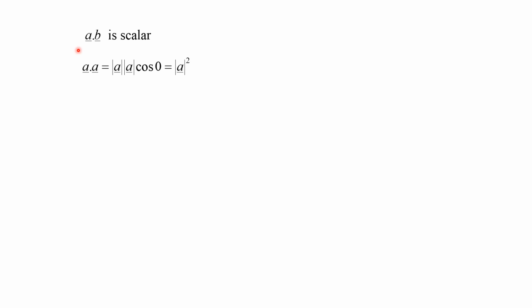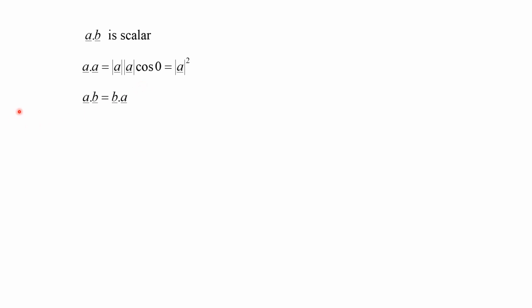If you need to find the dot product of a vector with itself, it will be modulus A times modulus A, because the angle between the two vectors is simply 0, since they are the same. There's no angle between them, so cos 0 is always 1. Therefore, you can sum it up as modulus A times modulus A, which is modulus A squared.